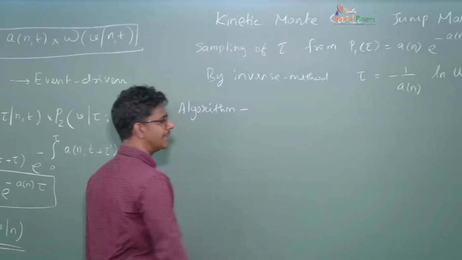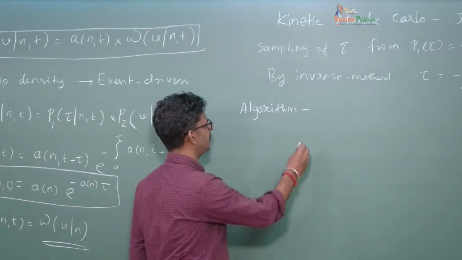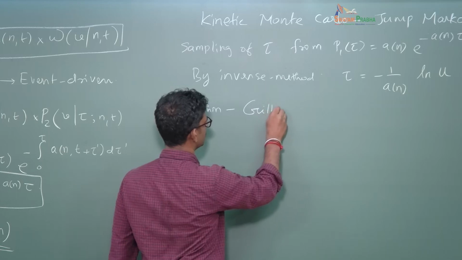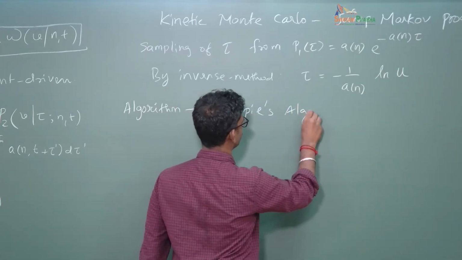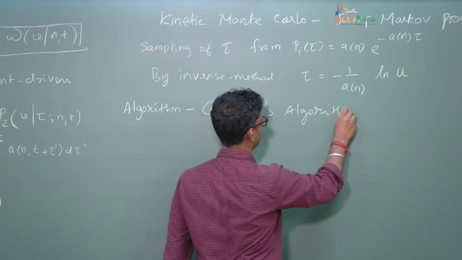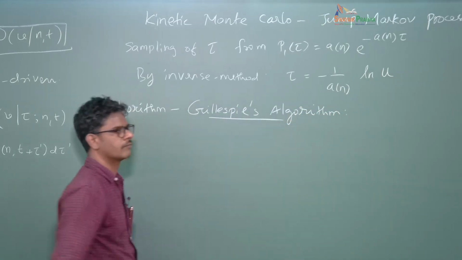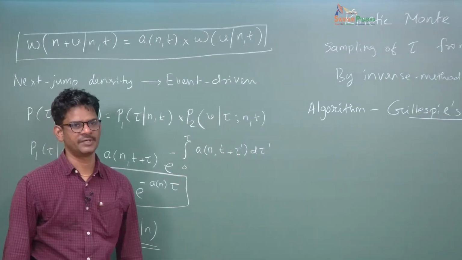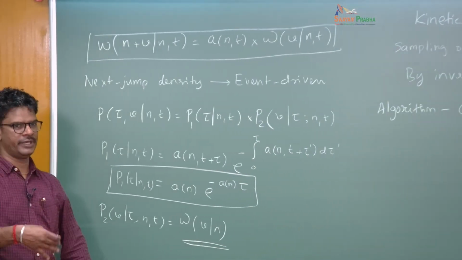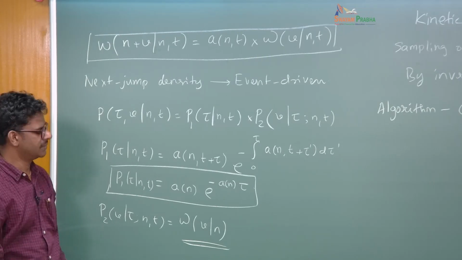So putting all this together, we can think about an algorithm, and in the literature this algorithm is called the Gillespie algorithm. Gillespie is a person's name who proposed this particular methodology of doing event driven simulations.